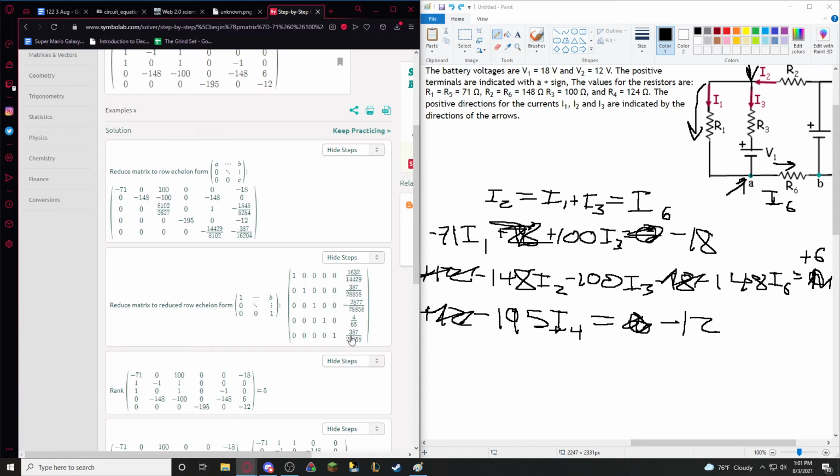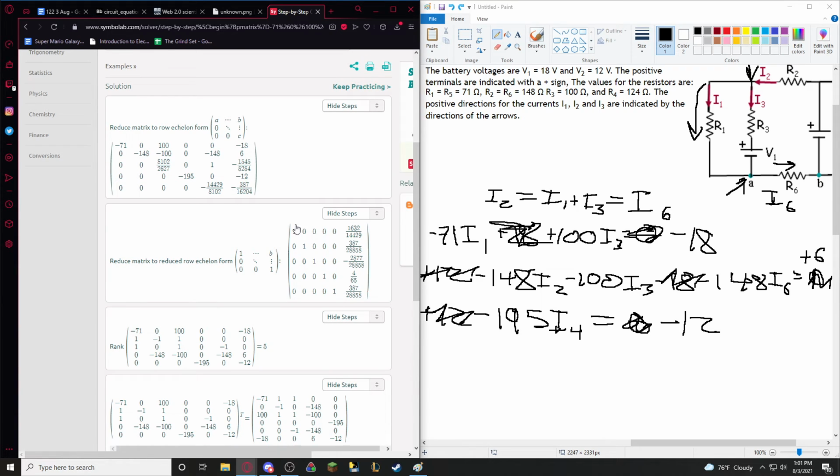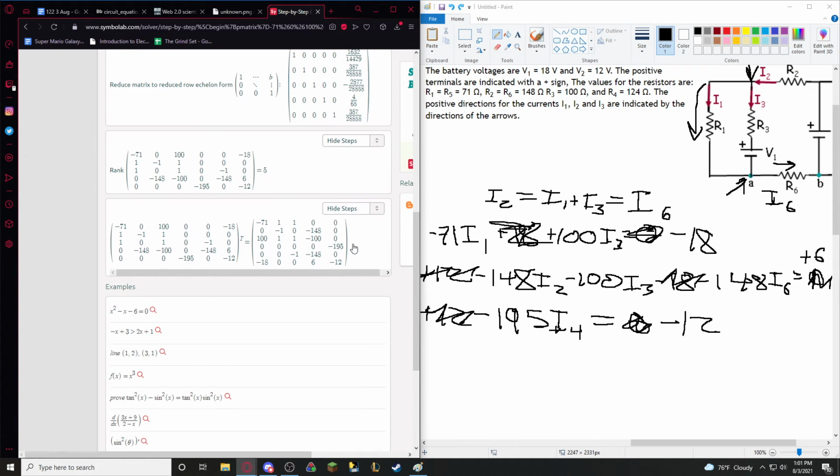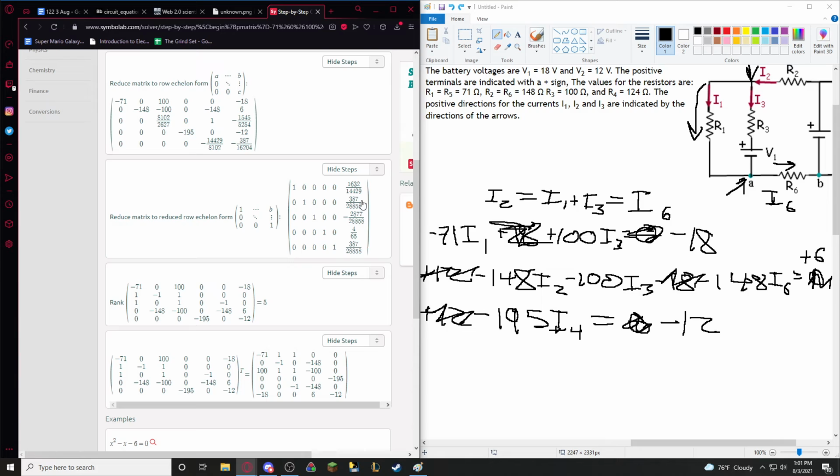These values are your currents. So for I1, it's going to give us these ugly fractions, but we can just plug them into a calculator and solve. Exactly.